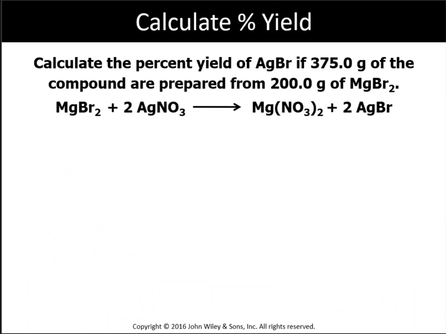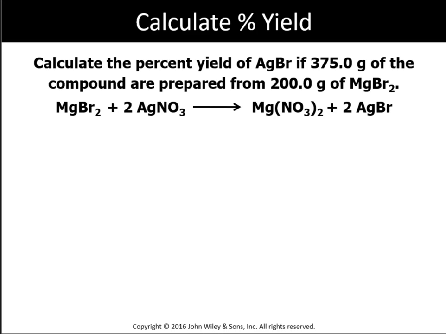So let's look at an example. You want to calculate the percent yield of silver bromide if 375 grams of the compound are prepared from 200 grams of magnesium bromide. What it's basically telling us is that we used 200 grams of magnesium bromide, and when we did the experiment, we were able to recover 375 grams of silver bromide.